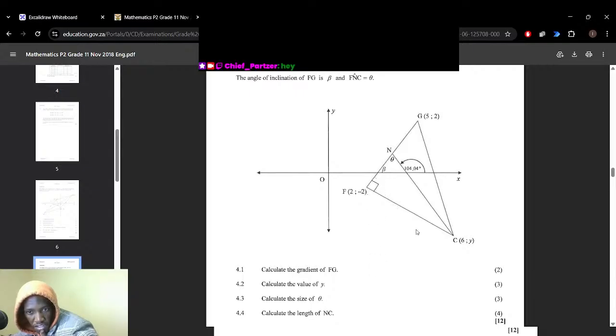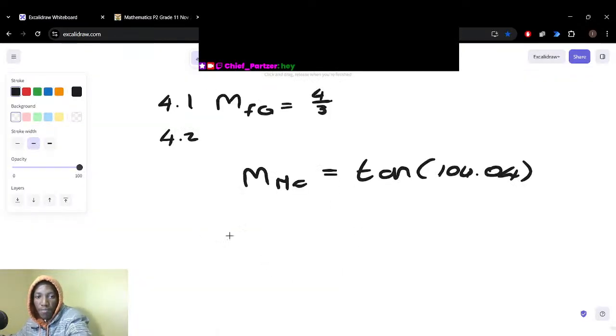We are also given that FC is perpendicular to FG. So what do we know about perpendicular lines on a Cartesian plane? We know that the product of their gradients is equal to -1. Let me write down what I mean by product.